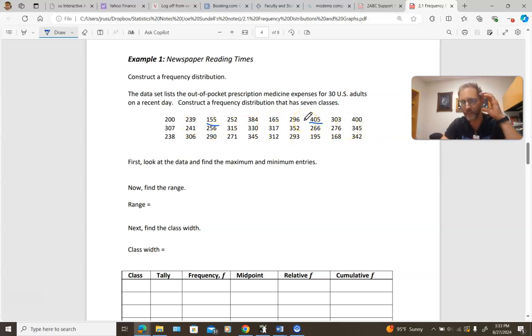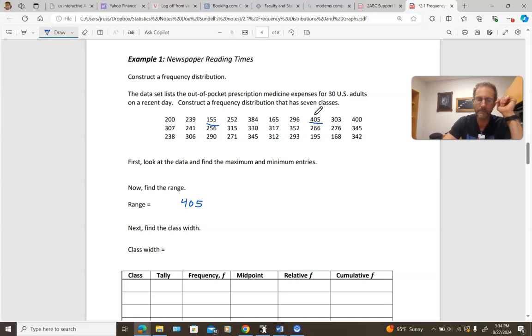And guys, before I actually started the video, I went back to figure out what the lowest and highest value was, because I didn't want to spend forever doing that. So the first thing we're going to do is we're going to find the range. So the range is the difference between the highest value, which I have underlined, which is, unless I made a mistake, seems to me to be 405.